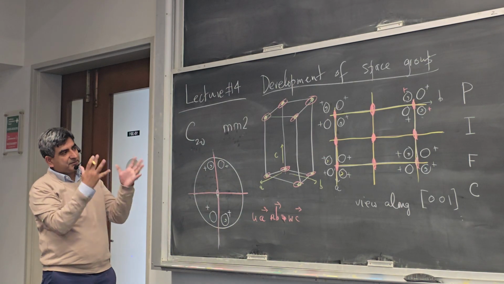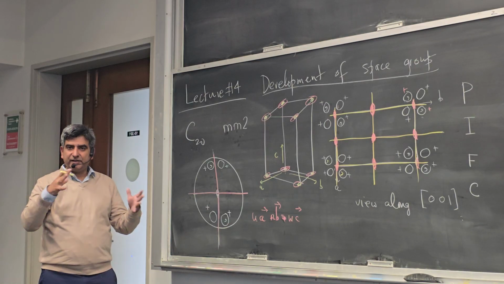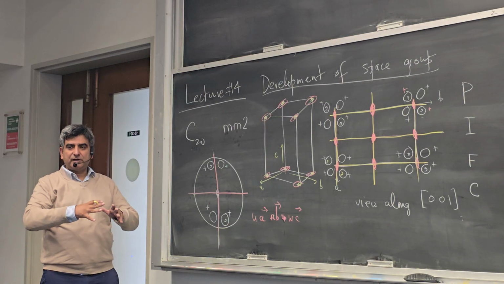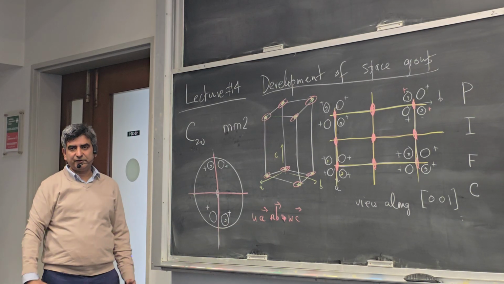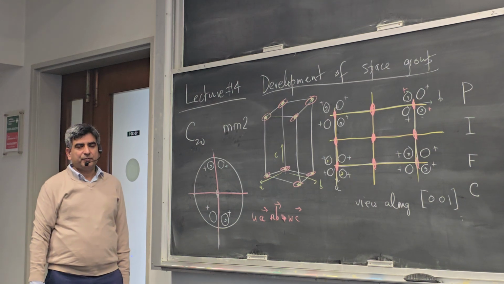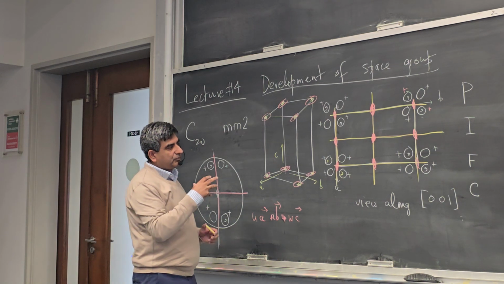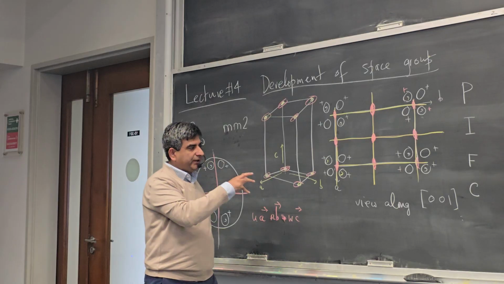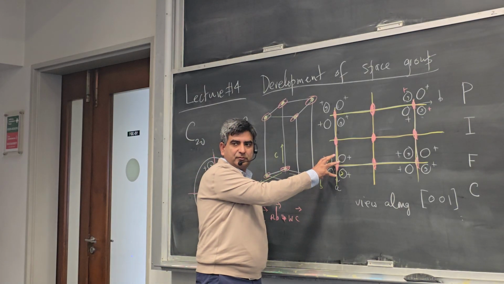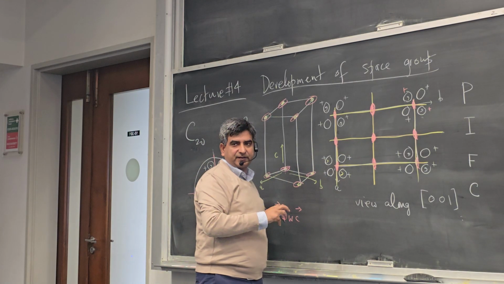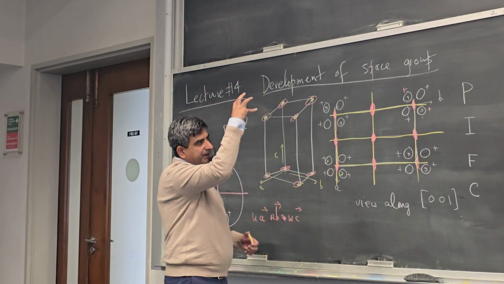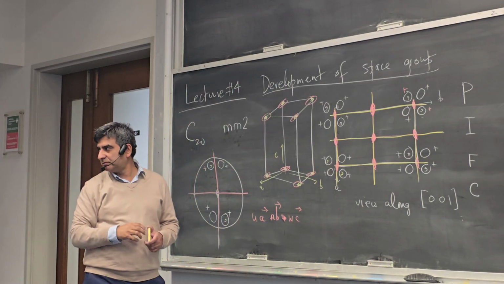Now, this collection of symmetry elements in 3D gives rise to a group of symmetry operations, which is formed by the combination of a point group mm2 onto a primitive Bravais lattice. This creates a space group.